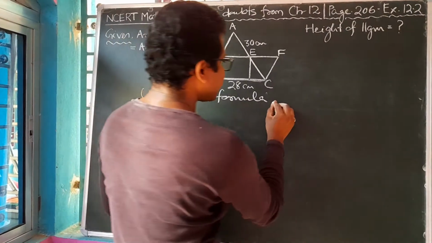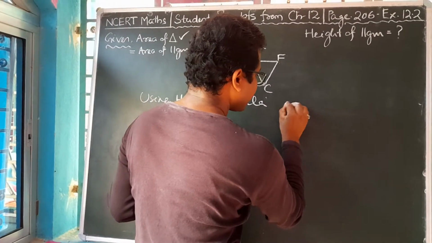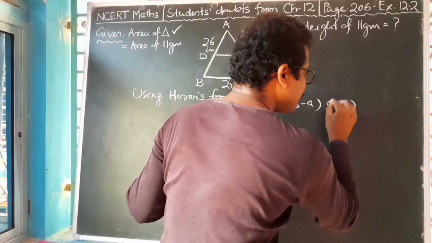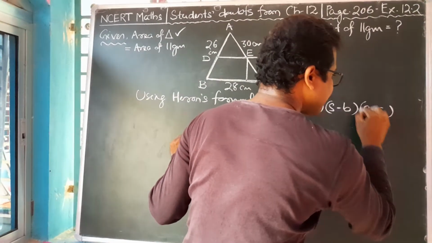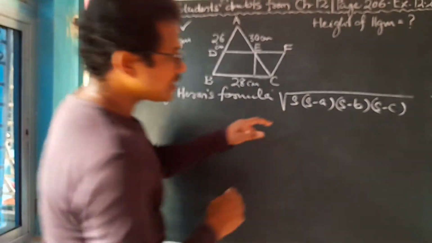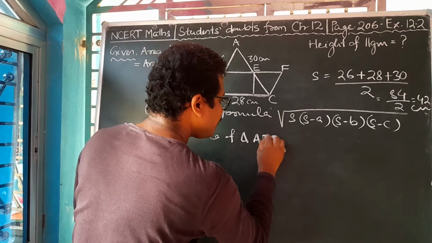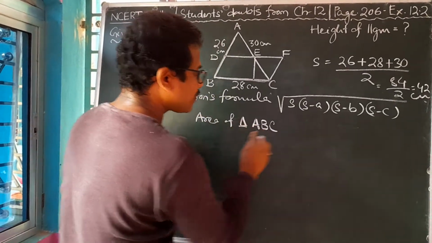Okay, what is Heron's formula, students? It is the square root of S into S minus A into S minus B into S minus C. Okay, and what is S? The semi-perimeter of triangle ABC. So what is the area of the triangle ABC?